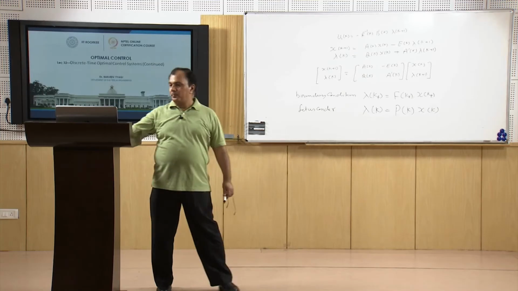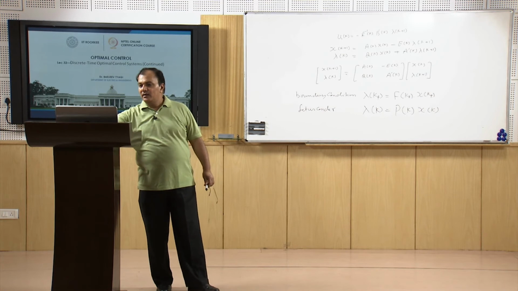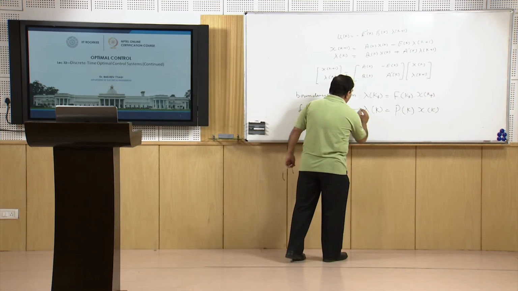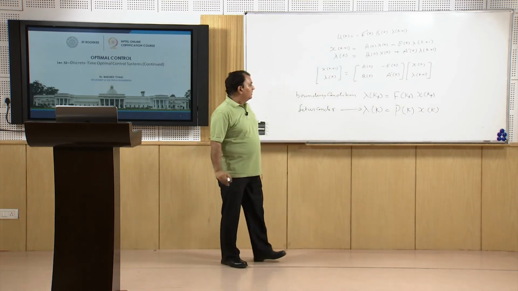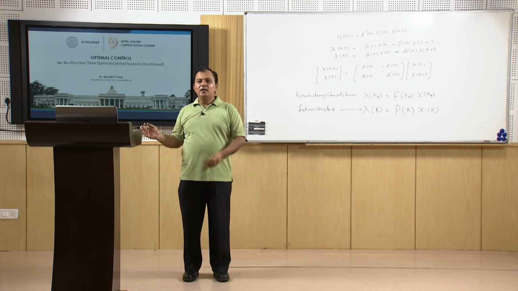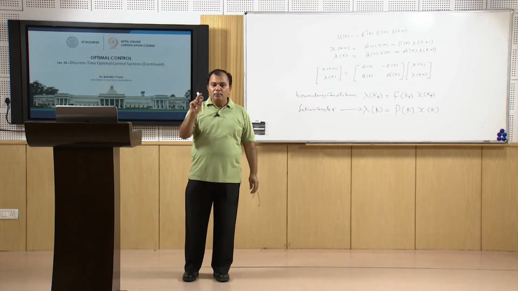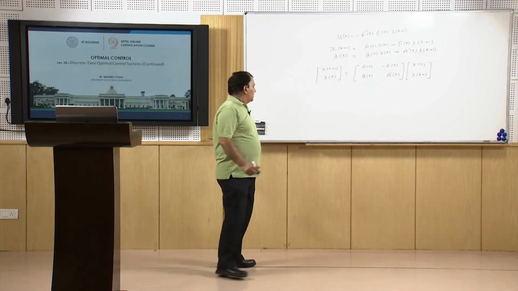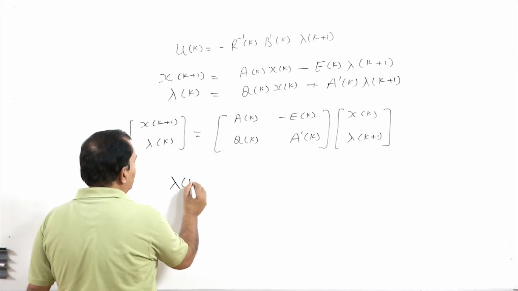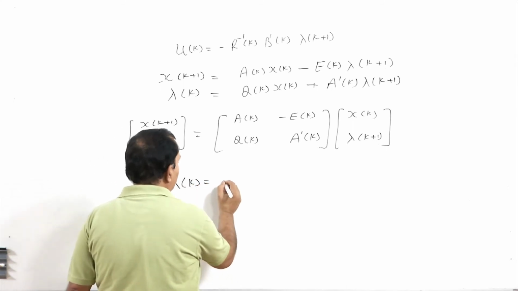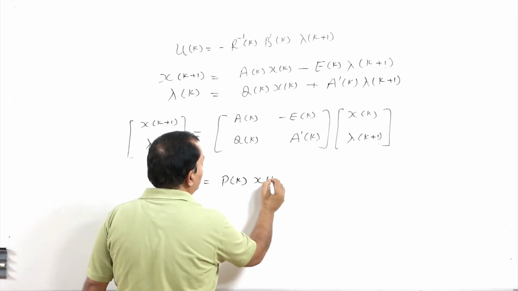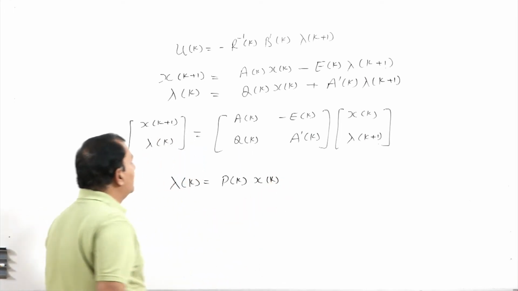So I stop this session here with the consideration that we can consider lambda k as P k x k, and this can further lead to a matrix difference Riccati equation. So we have considered lambda k as P k x k.